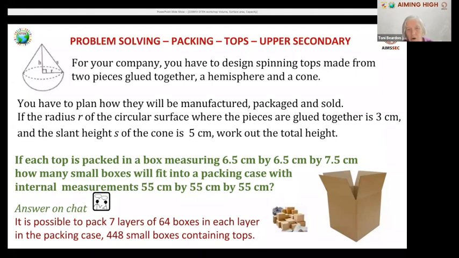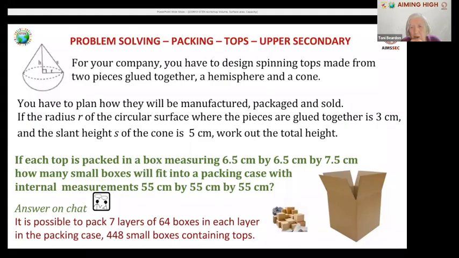And if you've got 8 times 6.5, that's going to be 4 times 13, which is 52. So if your case measures 55 by 55, you can pack in your bottom layer 8 by 8, which is 64 boxes in each layer. And then will you be able to put 8 layers in?